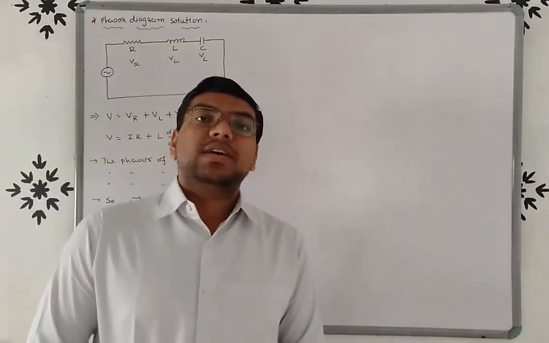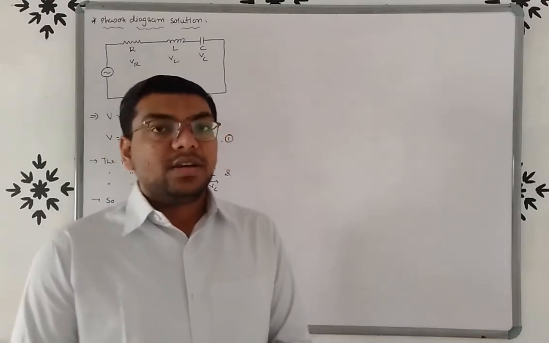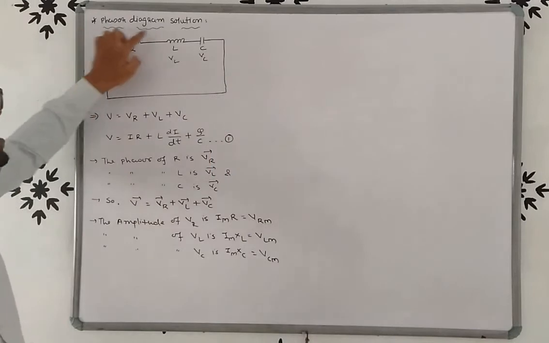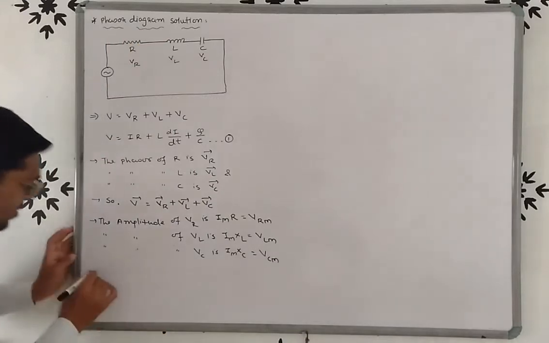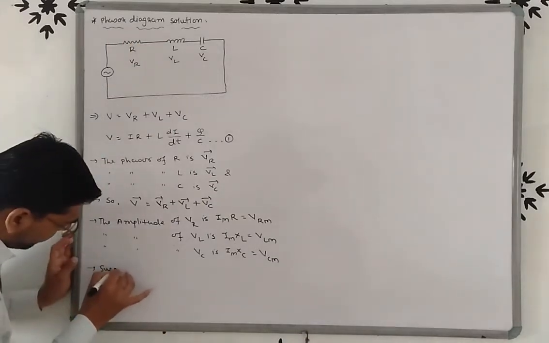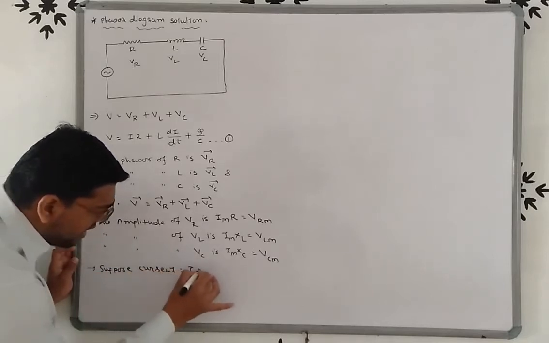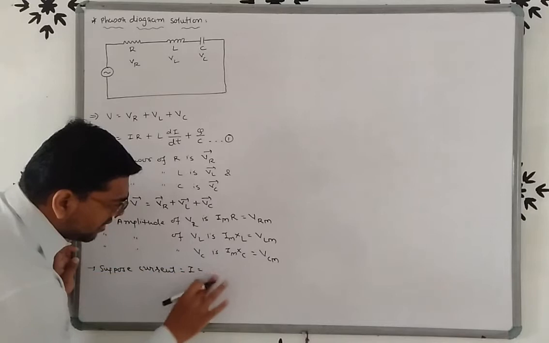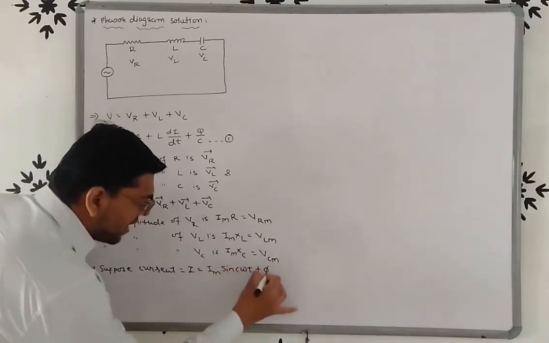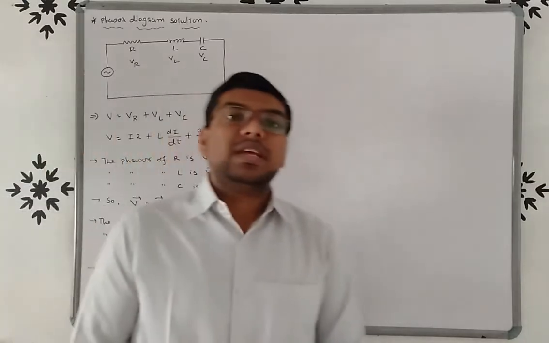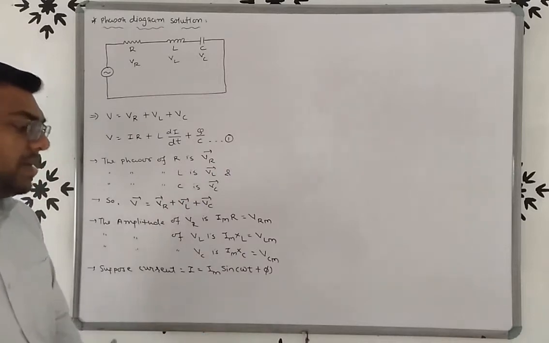Now friends, we have to derive the relation between voltage and current, right? But with the help of the phasor diagram solution. So here, suppose the equation of current is I is equal to Im sin(omega t plus phi).